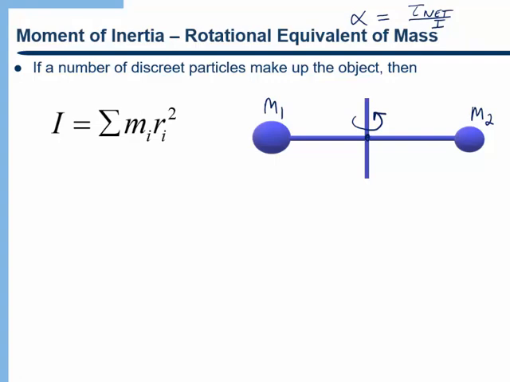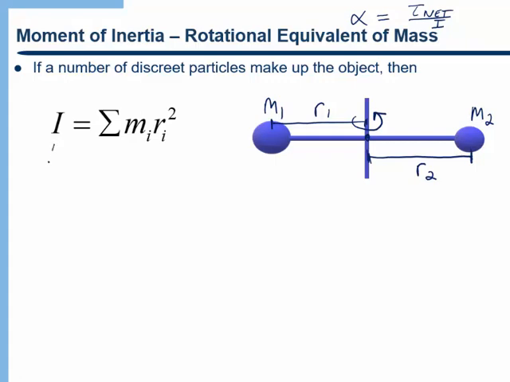We know that where the mass is matters, and specifically we're going to call this distance from the rotation point to the center of the mass r1, and we'll call this distance from the rotation point to the center of m2 r2. Therefore, what this formula is saying is take each mass and multiply it by the square of its distance from the rotation point, and then add that all together.